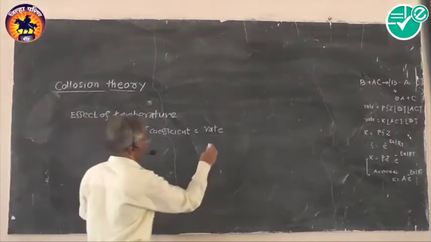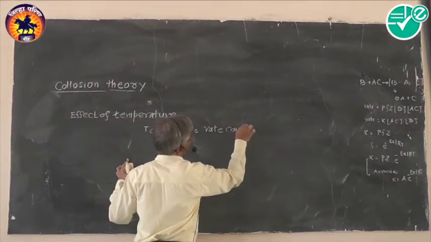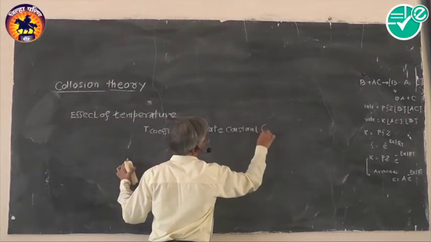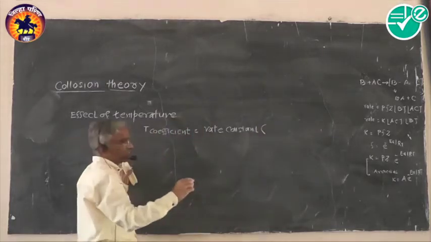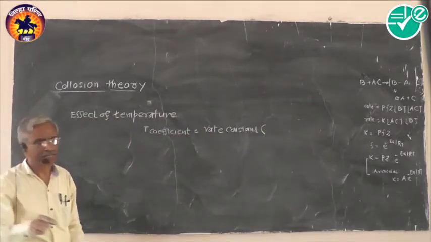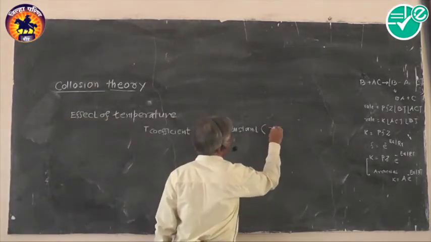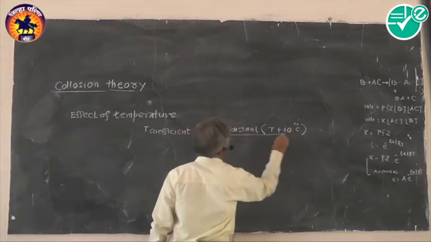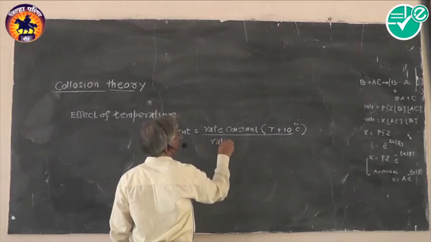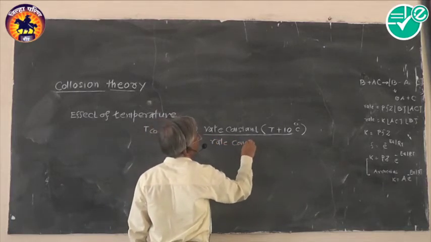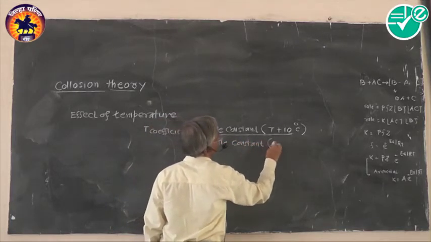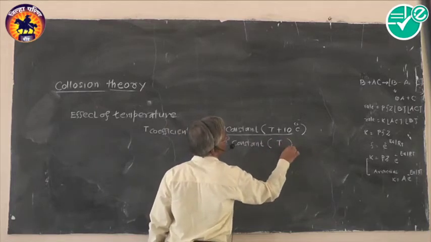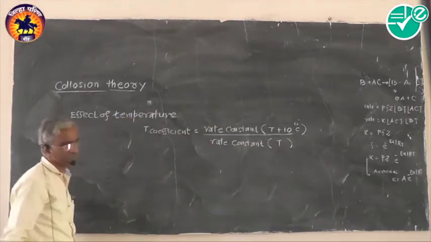It is the ratio of the rate constant at temperature T plus 10 degrees centigrade to the rate constant at temperature T in degrees centigrade.